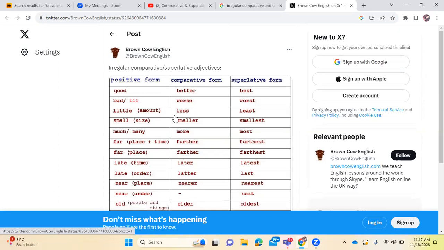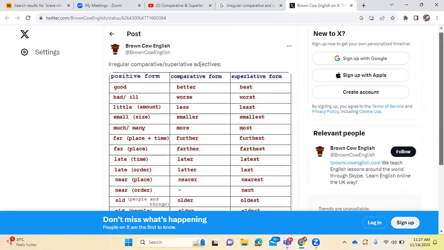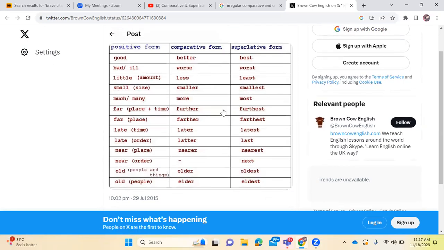Little, less, least. Small, smaller, smallest. Much or many, more and most. Far, further, furthest. Or can be again said as far, farther, farthest. Late, later, latest. Late, this is in time.